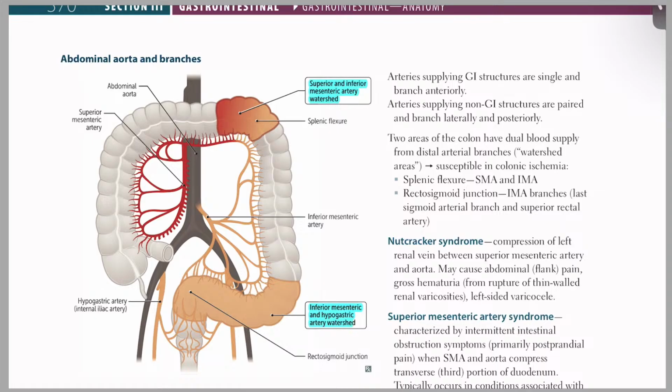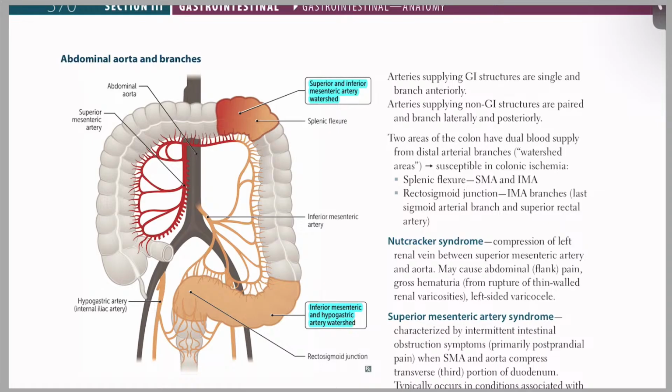Two areas of colon have dual blood supply from distal arterial branches, watershed areas, susceptible in colonic ischemia: splenic flexure, SMA and IMA, and rectosigmoid junction, IMA branches, last sigmoid artery and superior rectal artery.